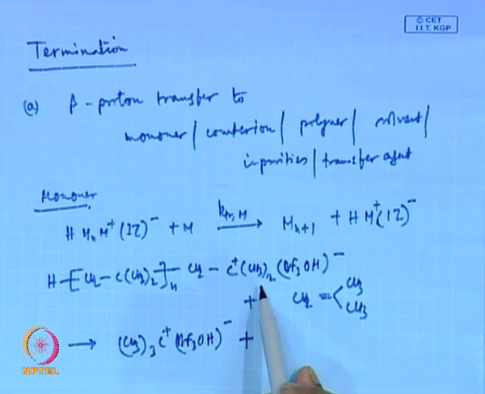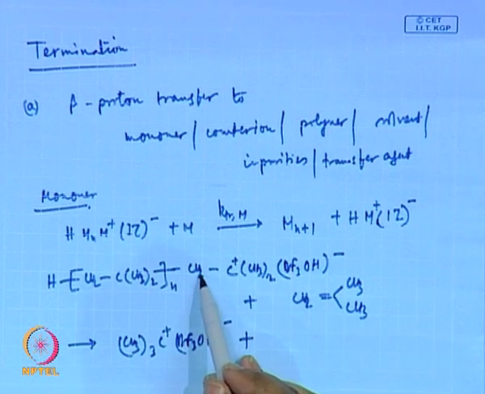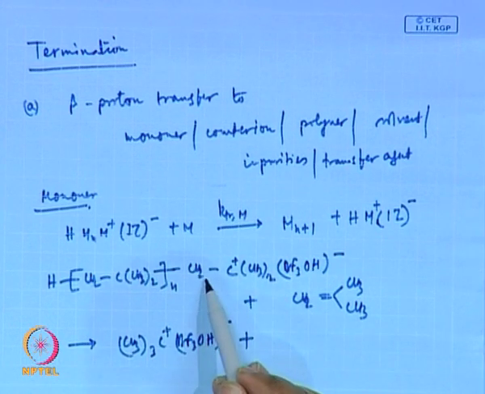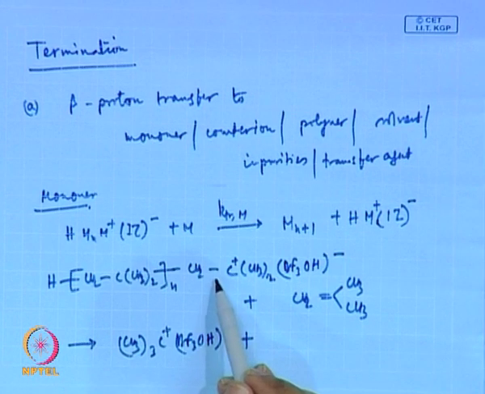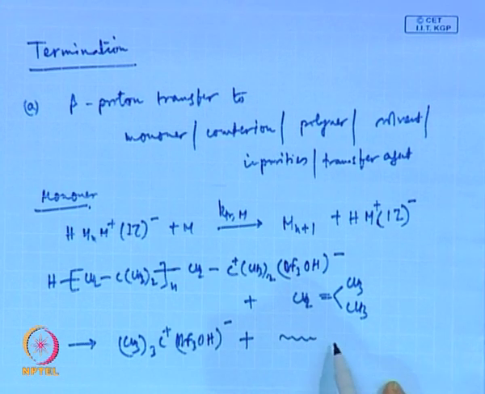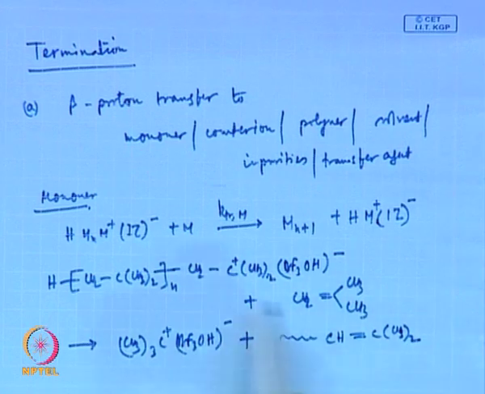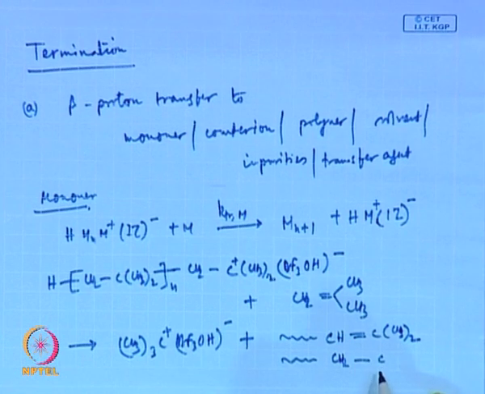Plus, there are two beta protons, one is here and one is these hydrogens. Okay. So, depending on which proton is leaving, you can actually get two structures with a double bond. If this comes out, then you get a chain end with CH2, and if one of the protons goes out from there, then you get CH.